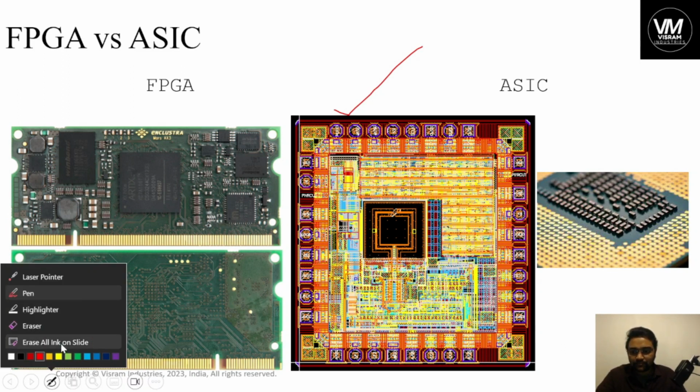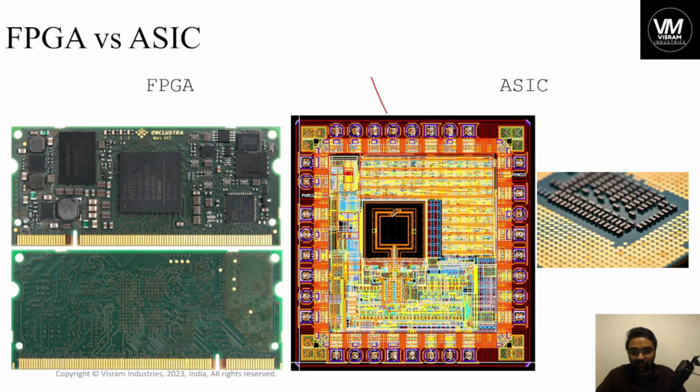That is the complex chip design, and this is also complex, but it is only for fewer prototype purposes and prototype applications. But ASIC is like using these chips in different environments, in robotics, in IoT domains, or in hospital medical domains, all these things.